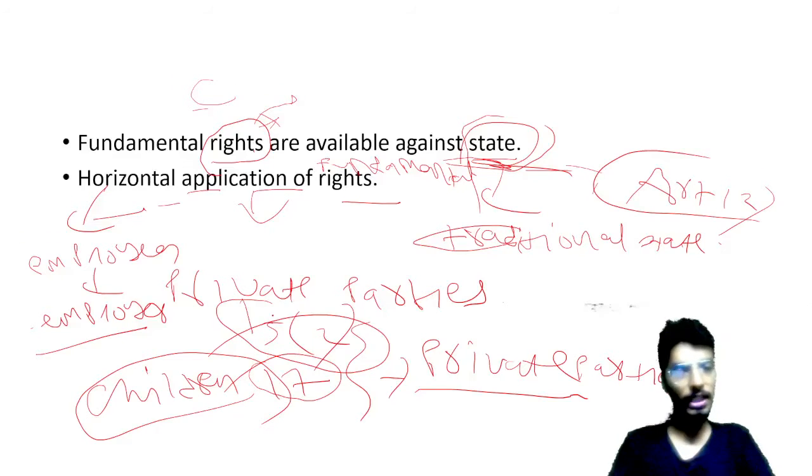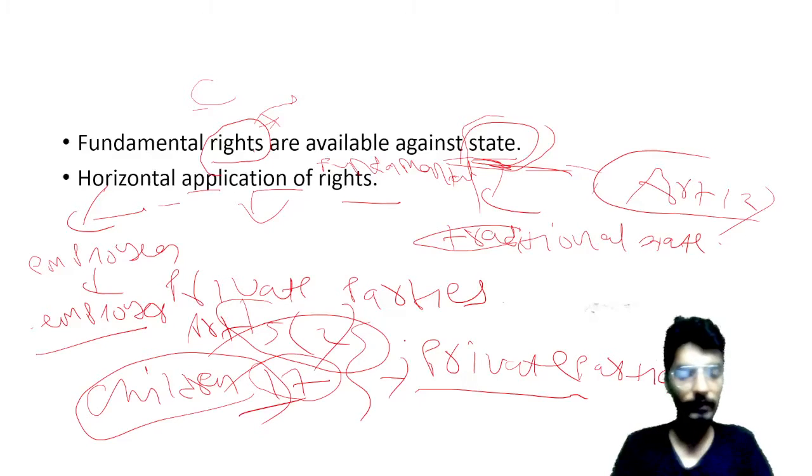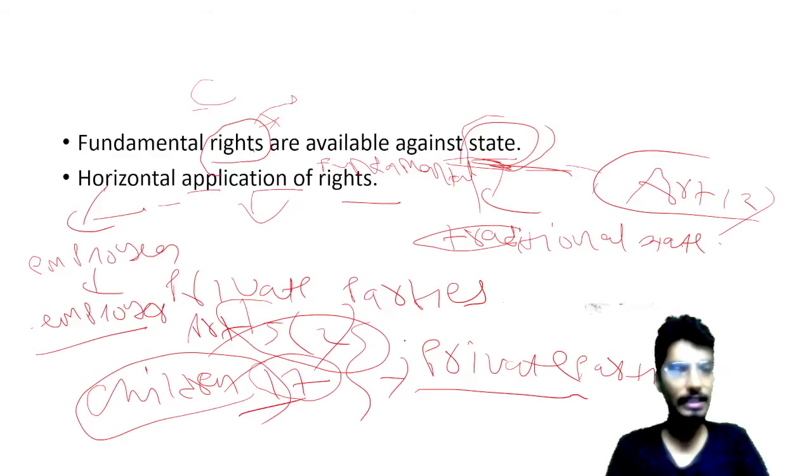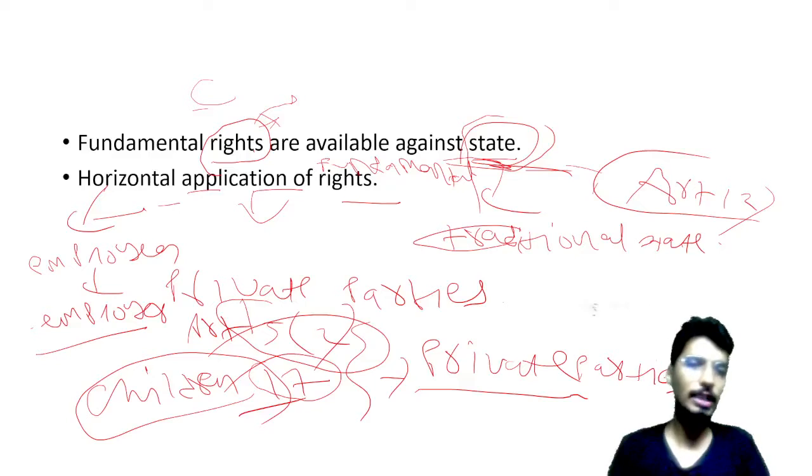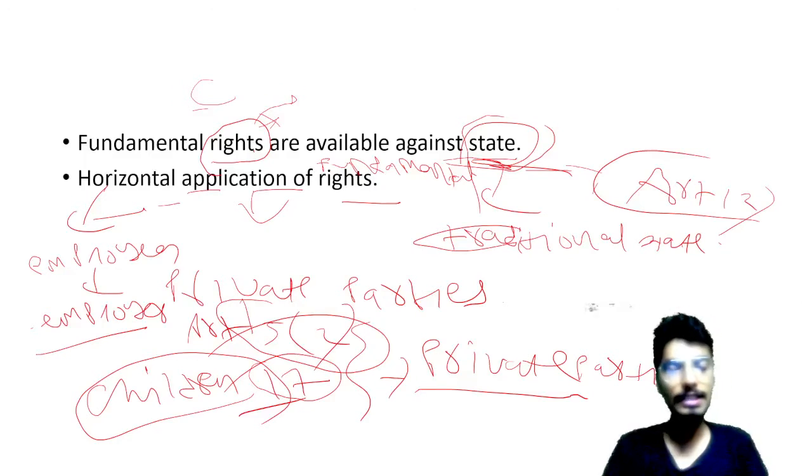Even in the Indian Constitution there are examples like Article 15 Clause 2 and Article 17, and then there are judgments given by the Supreme Court, where certain fundamental rights can be applied even against private parties. That is possible.